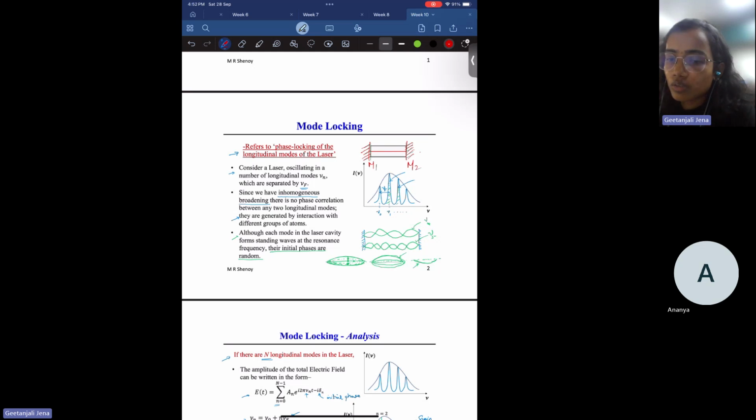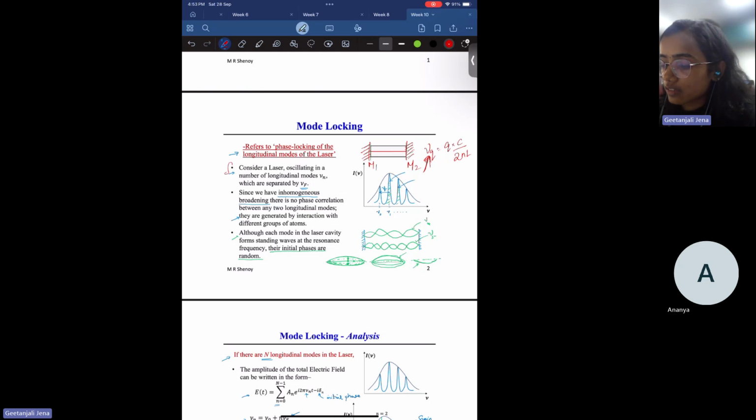Because we have already seen earlier, depending on the round trip phase, there will be longitudinal modes where nu q is given by q times c by 2nL. These are the frequencies at which we see the longitudinal modes. And now we'll lock the phase of all these longitudinal modes to generate a pulsed laser output through this mirror M2.